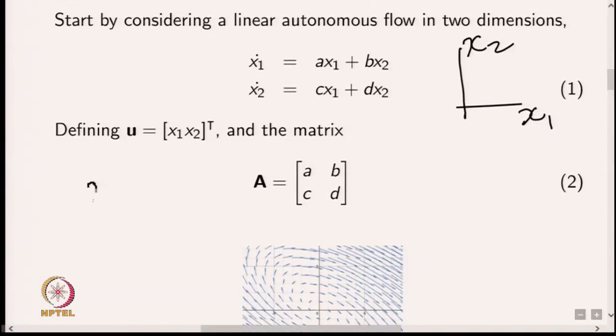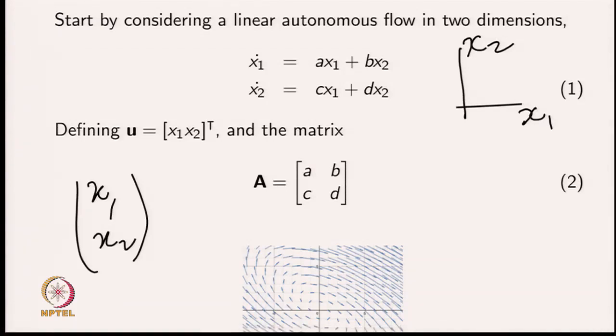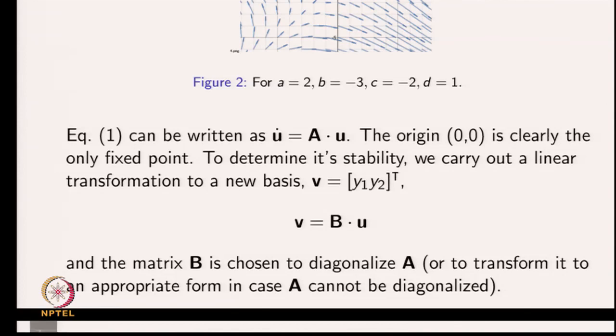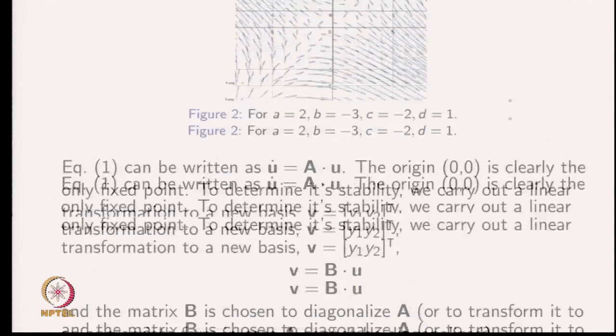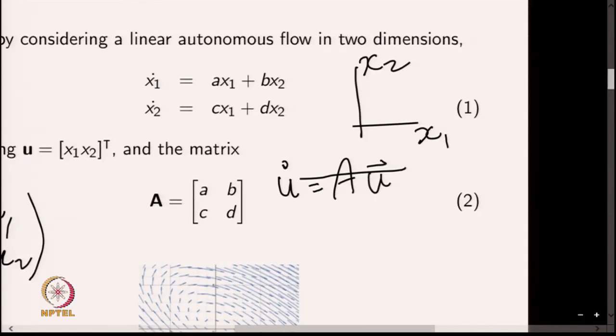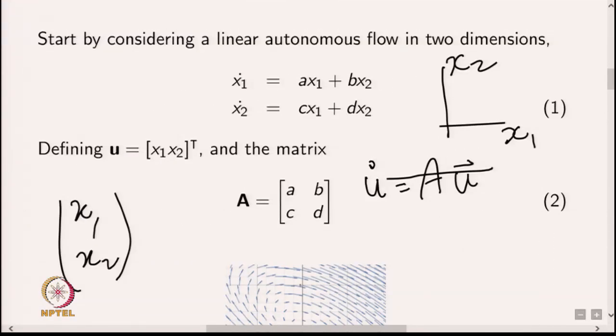This is the variables x1 and x2, that is my vector u, and if I take the matrix of coefficients a, b, c and d, then I can rewrite this equation as u dot is equal to A times u. That is to say, this equation can be written down as u dot is equal to A u, where these are the two vectors. Oops, sorry, some mistake over there.